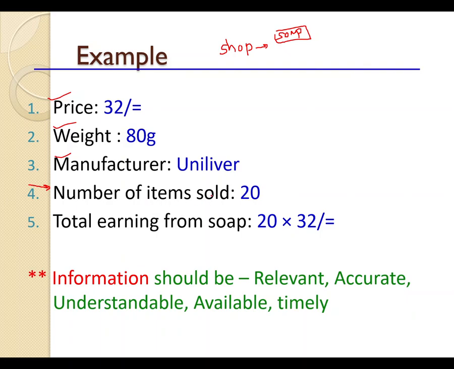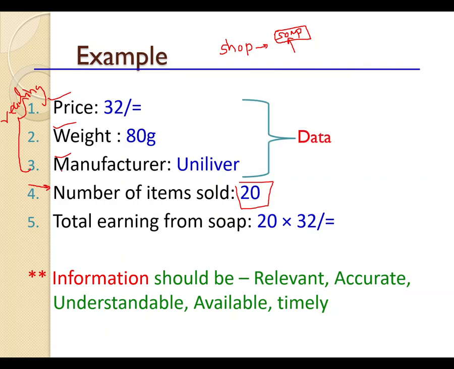I'm going to the shop, and from that shop I want to find how many such piece of soaps were sold for the day. Has it been written into the soap? Is that printed on the label? No. How can I get this 20 then? Now these values were taken, the first three values were taken by reading the label. If so, are they data or information? Data, I read the label and collect them. No problem, they are data.